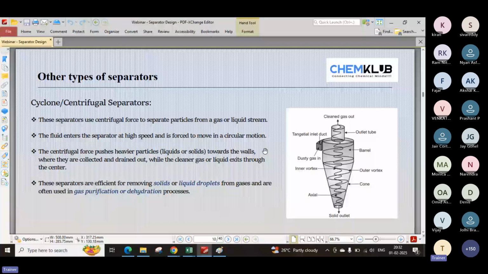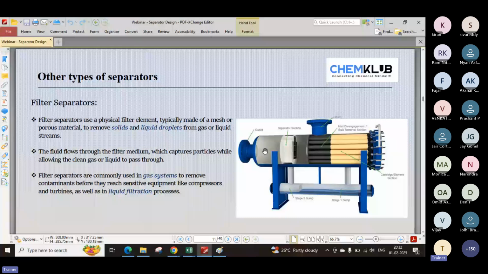There are some other separator media as well, like filter separators. Filter separators are generally used at the inlet of GDUs, amine systems or membrane systems, where we need a clear gaseous flow to the systems, and the separation requirement is in the form of microns, like 10, 30 or 100 micron liquid particles, or any piping material that flows along with the gas towards the membrane or other systems.